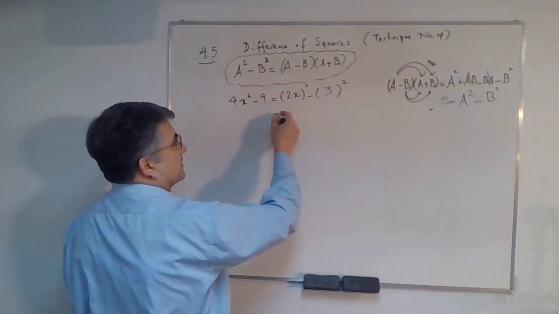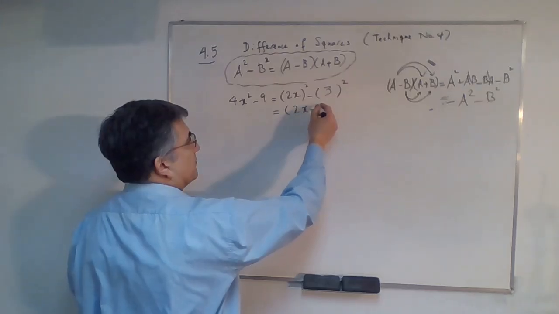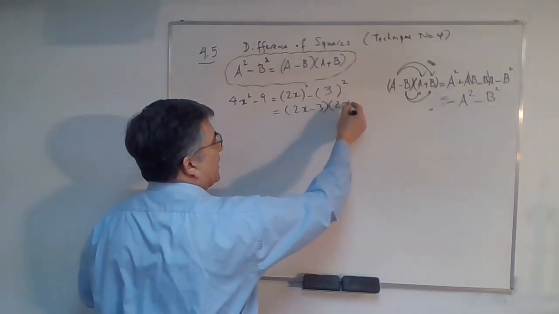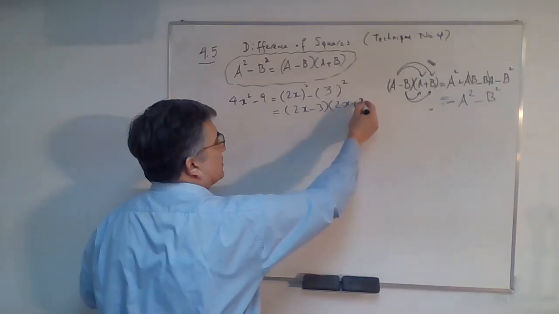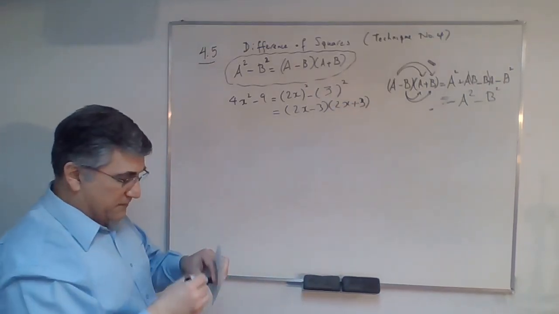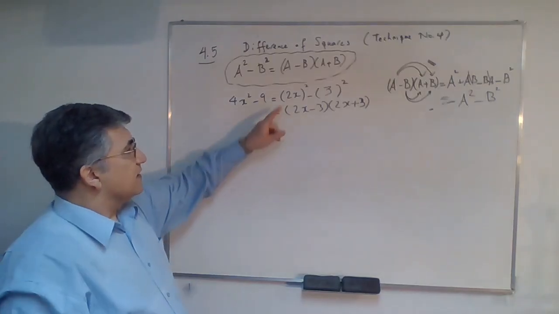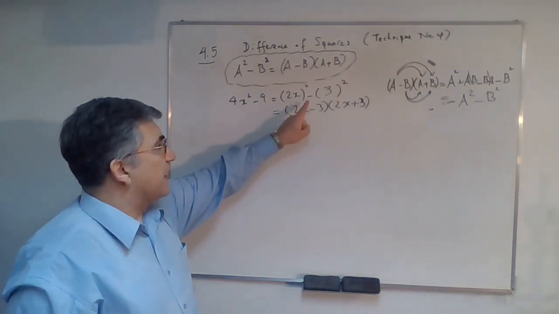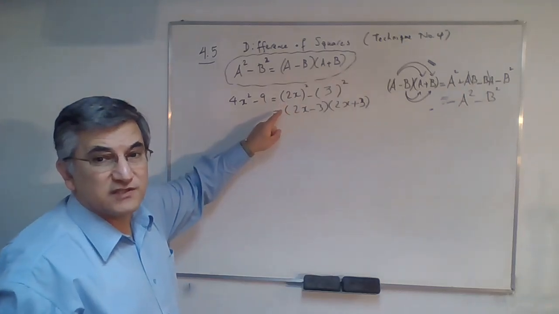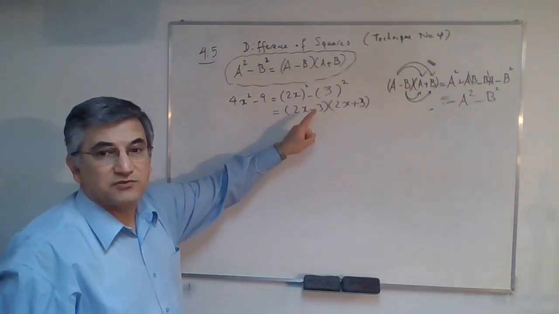And we're going to factor this. We're going to say 2x minus 3 times 2x plus 3 is the final answer to this question. Why? Because this is like a squared minus b squared. What plays the role of capital A is 2x, and what plays the role of capital B is 3.